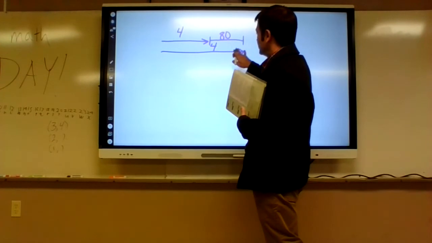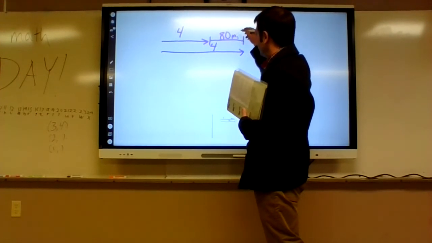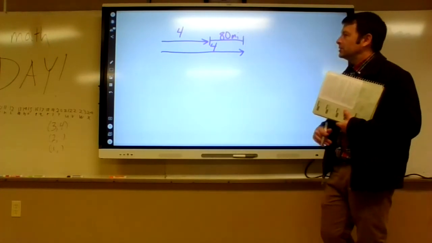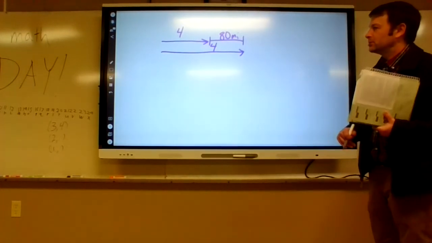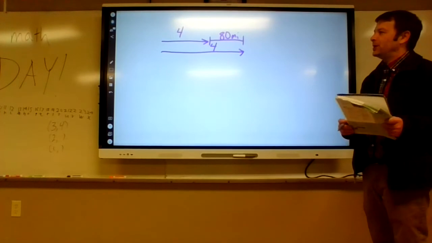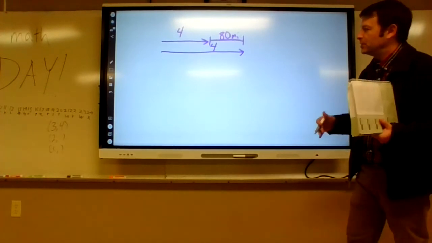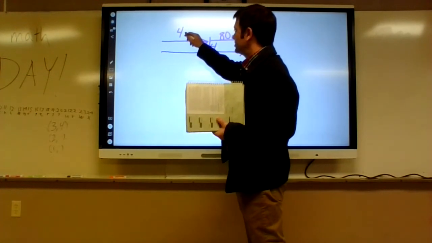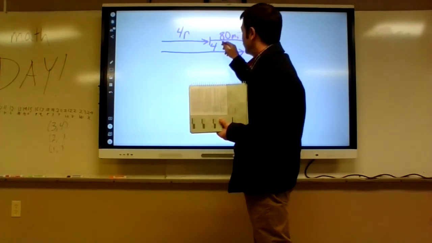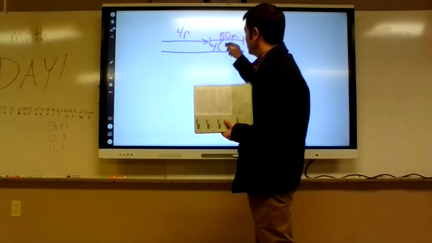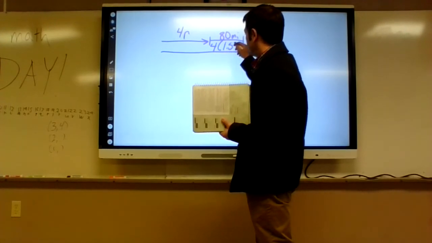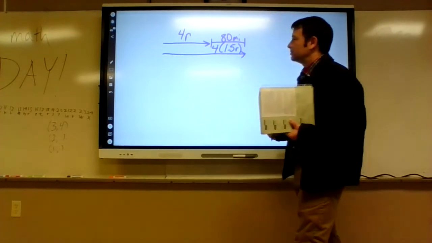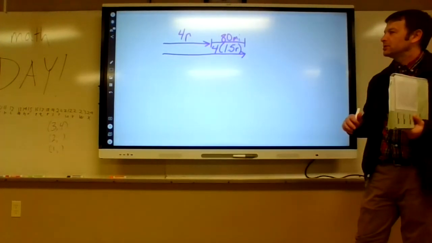The person going faster went 80 miles farther than the person going slower, so I put it right there. As far as the rate goes, the fast person was 1.5 times the slow person. So if I call the slow person's speed R, I can call the fast person's speed 1.5 times R. Does that make sense?